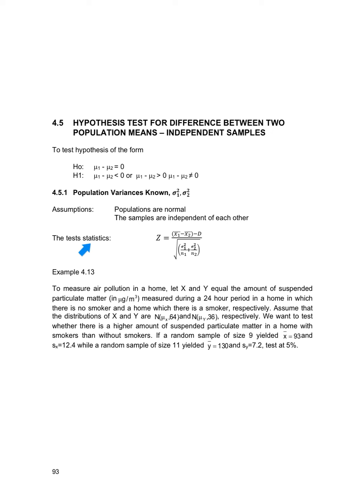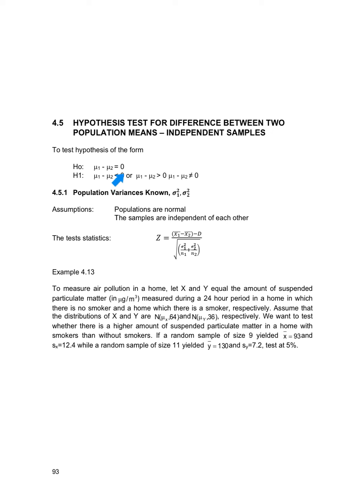The test statistic that we will use is z equals x bar 1 minus x bar 2 minus d, where d is the difference if a value is stated in the equation; if it is not mentioned, we will put d equals 0. That means, what is the value of the difference between population 1 and population 2?